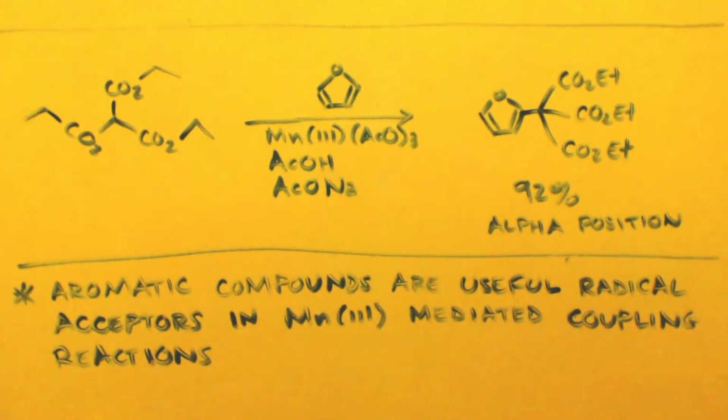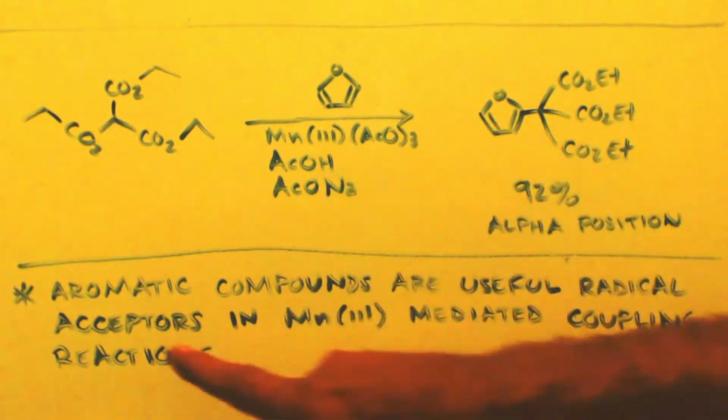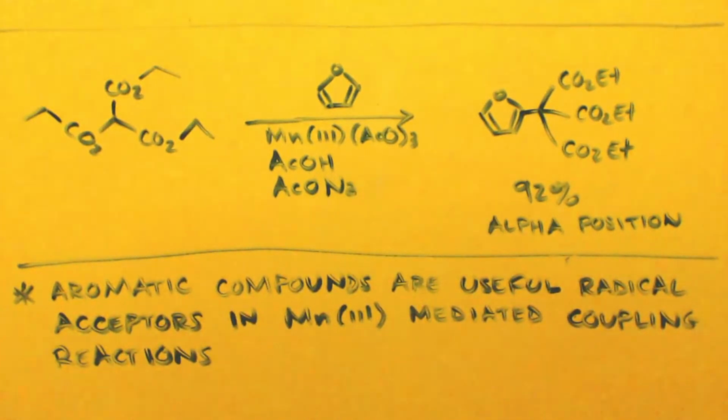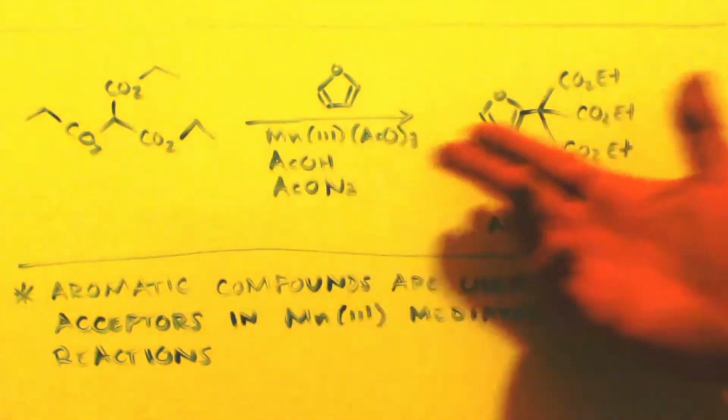I just wanted to bring that up, but here's another example of why I think this reaction will work on benzene, okay. Here in Wikipedia it says aromatic compounds are useful free radical acceptors in Mn3 mediated coupling reactions. And it gives this example right here.